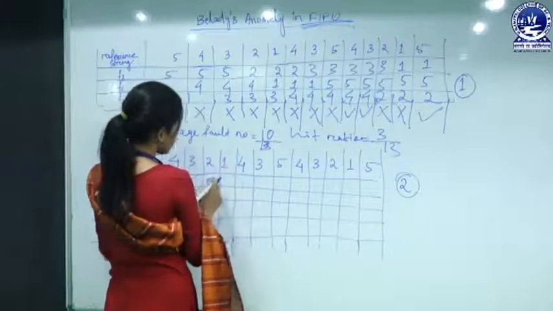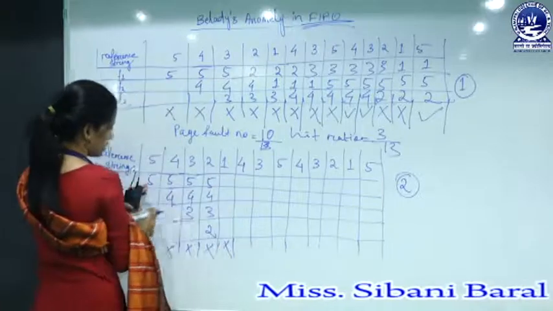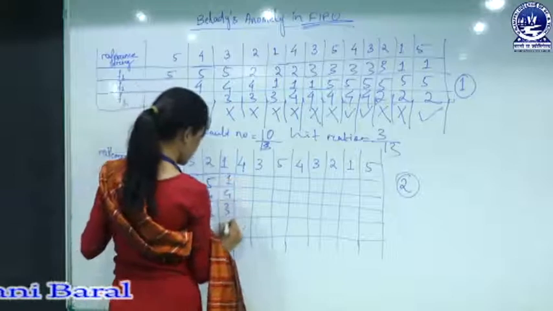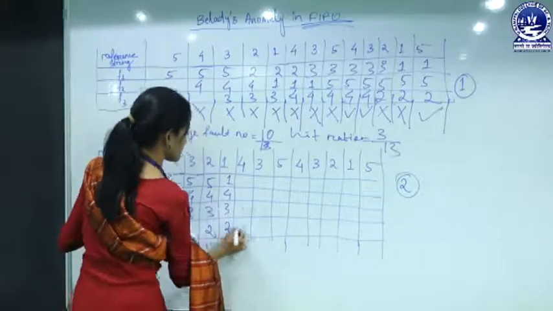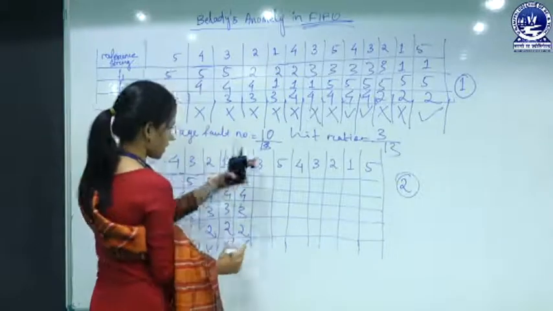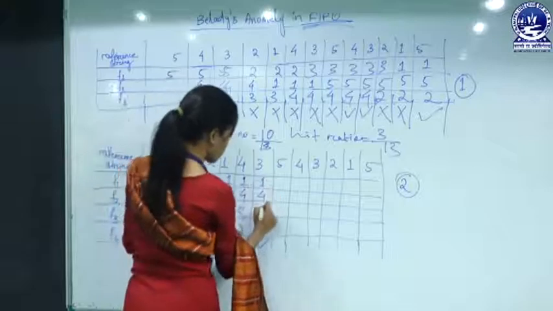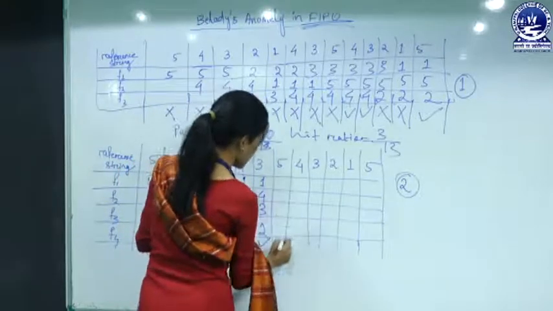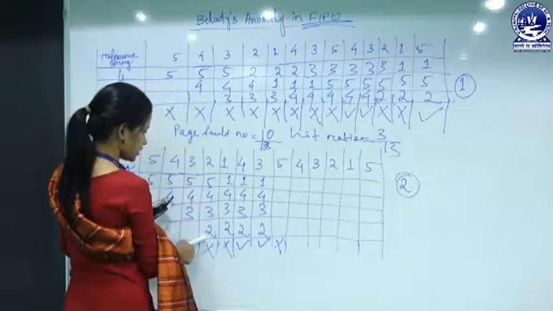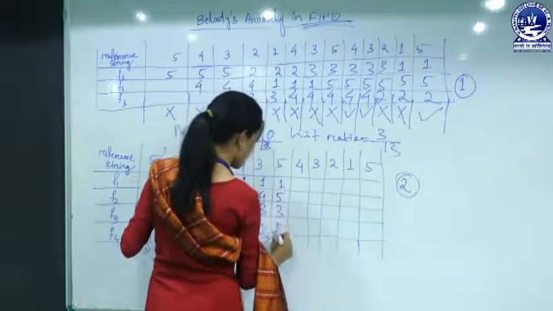So according to FIFO we replace 5 with 1: 1, 4, 3, 2. Again there is a hit. So 1, 4, 3, 2. Again there is a hit, 3 is there, then 1, 4, 3, 2. Again page fault, so 4 is replaced by 5: 1, 5, 3, 2.